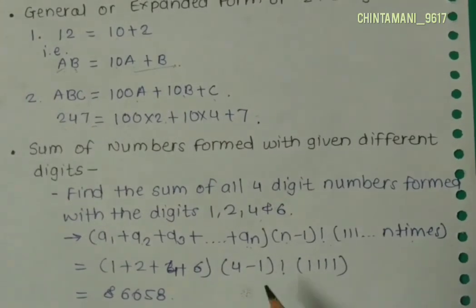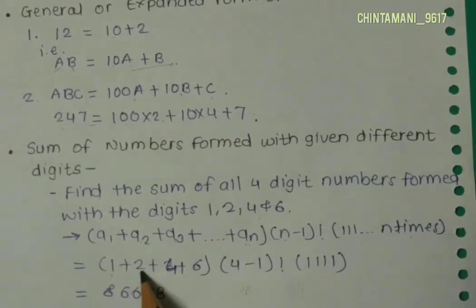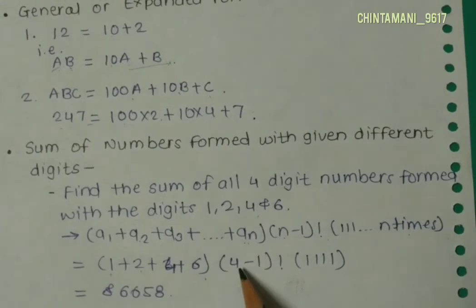So for 1 plus 2 plus 4 plus 6, there are 4 digits, so we write (4 minus 1) factorial into 1111, n times, that means 4 times. So the answer will be this.